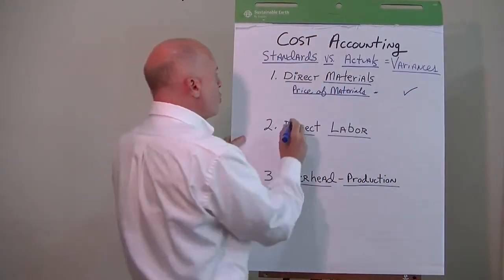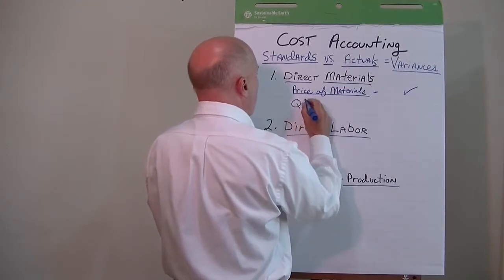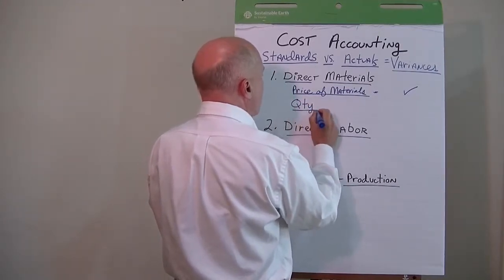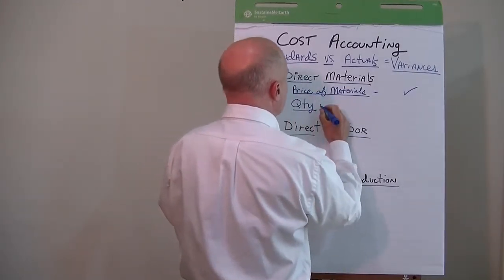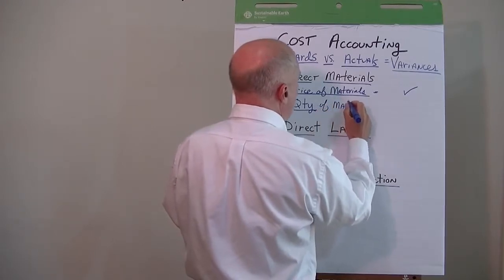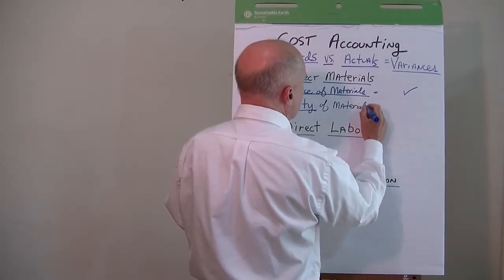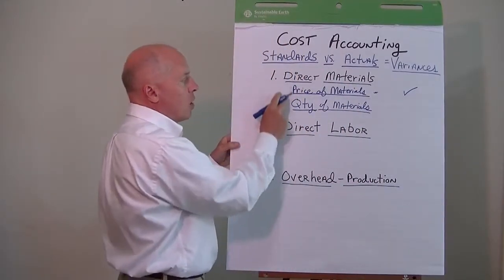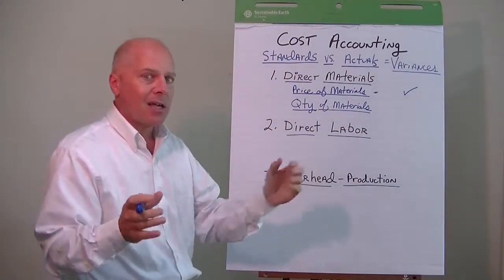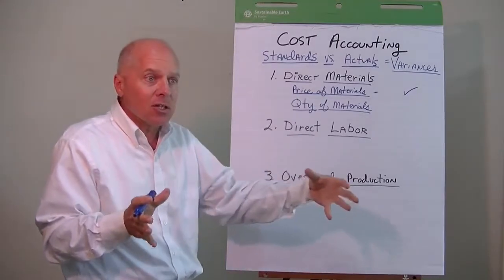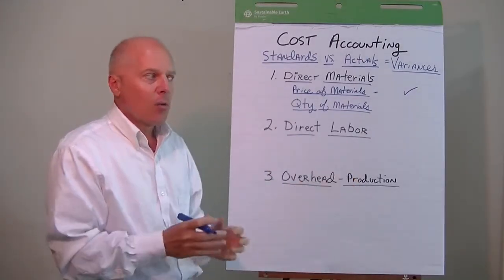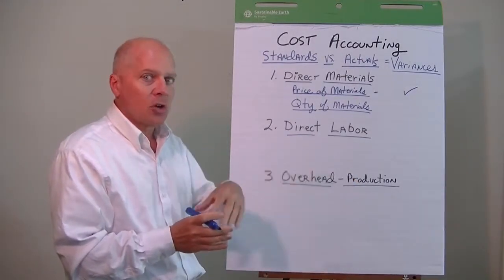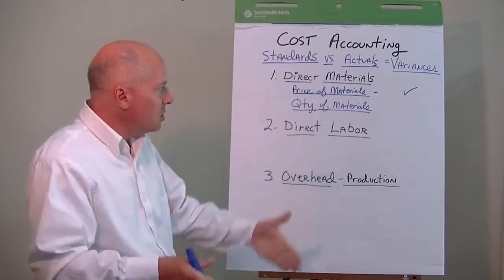Also, we will do a quantity. We will compare price of materials and quantity of materials. That's the usage of materials in the production process, because we know exactly how much steel it takes to make one automobile. We know exactly how much sugar it takes to make one box of cereal.